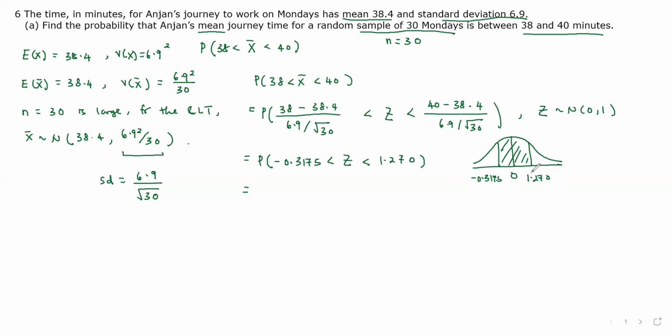We have a left tail probability table, so this region is the probability that Z is less than 1.270. We take this whole region and then subtract that region.